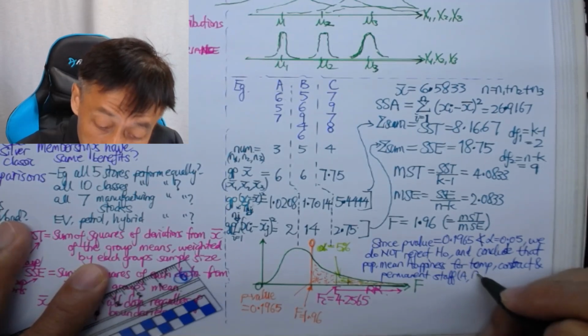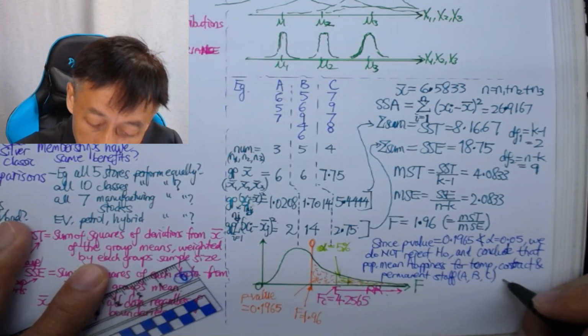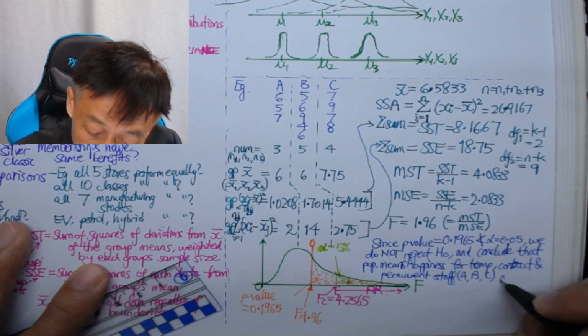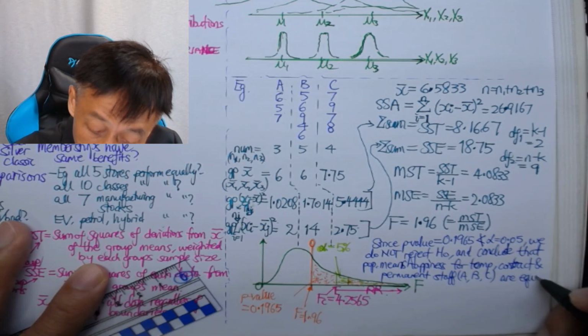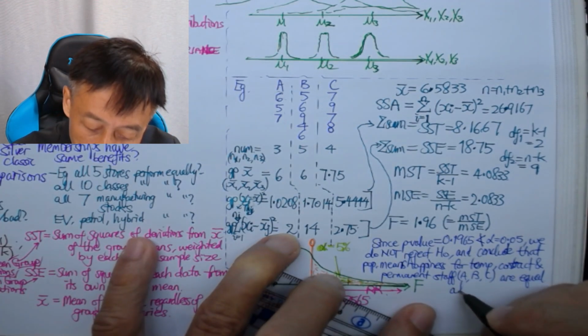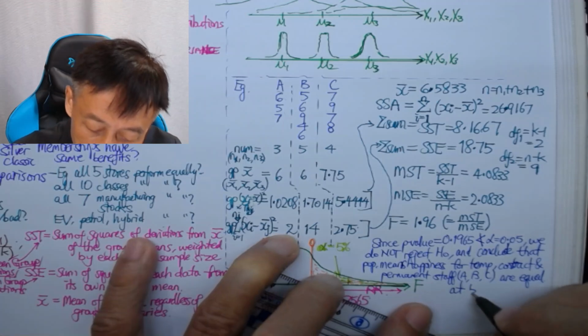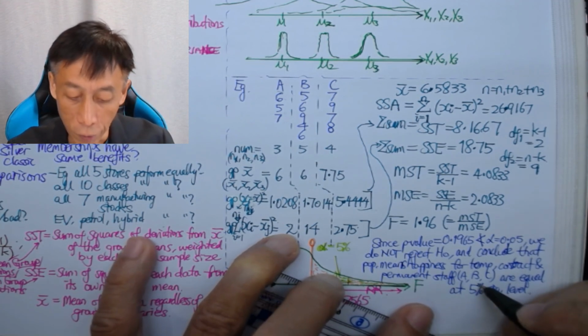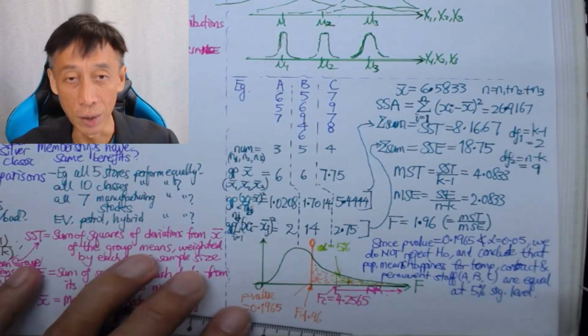For A, B, and C, the population means are the same, are equal, but you have got to qualify the significance level: at 5% significance level. Right, don't say alpha is 5%, because again, you're introducing a Greek letter.